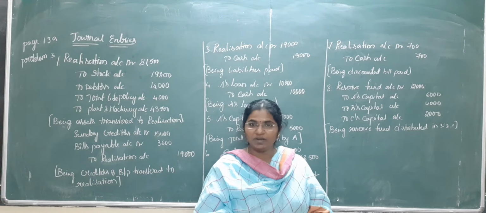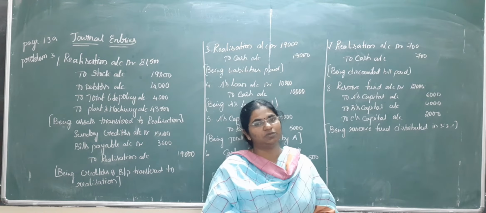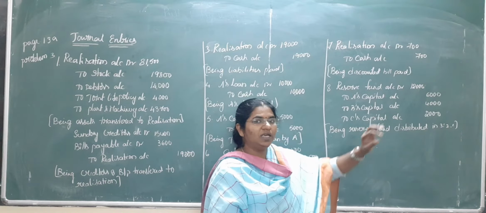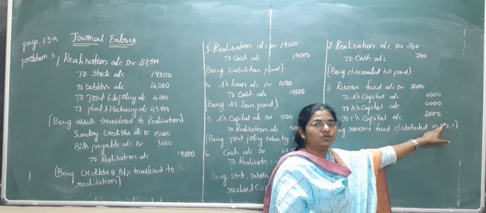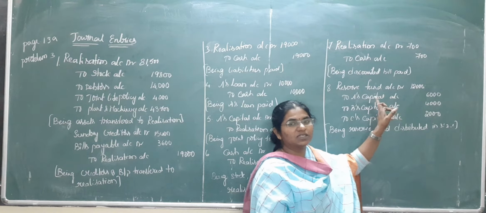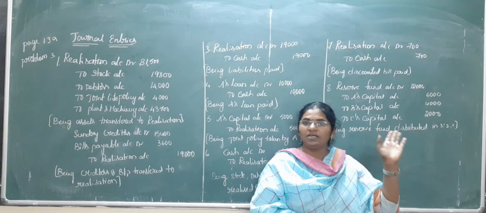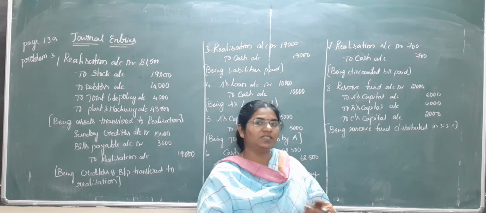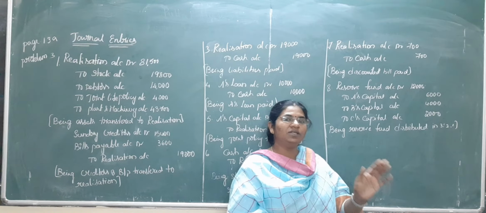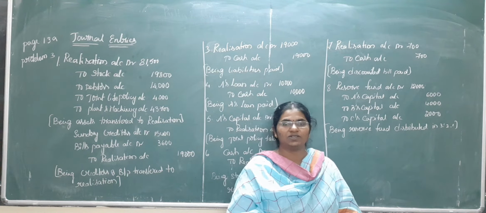This reserve fund is treated as a capital profit and should be distributed among partners in their profit sharing ratio, that is 3:2:1. And students, this reserve fund is always shown on the liability side of the balance sheet. No one will tell you in the problem to distribute the reserve fund to partners.